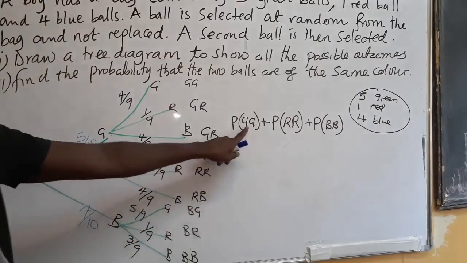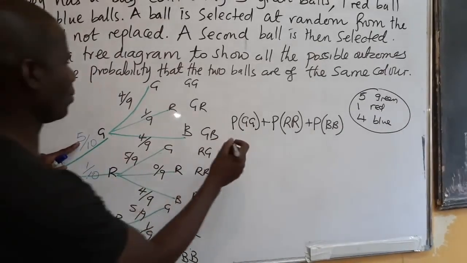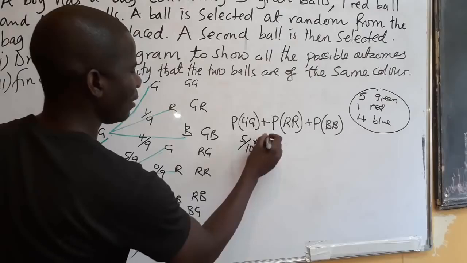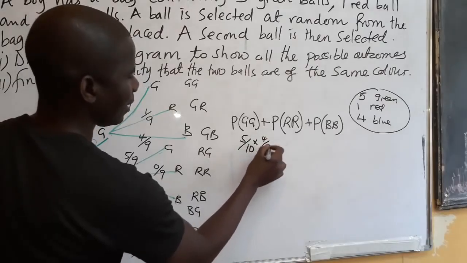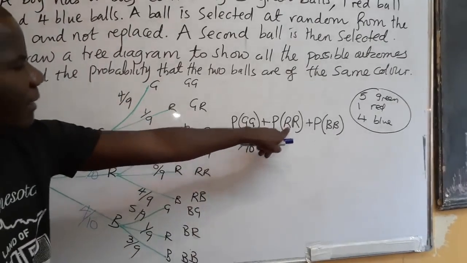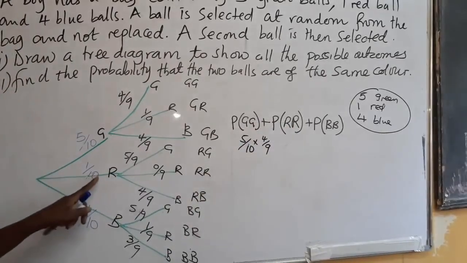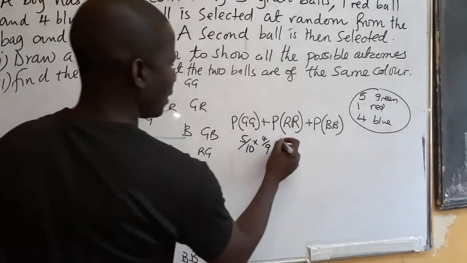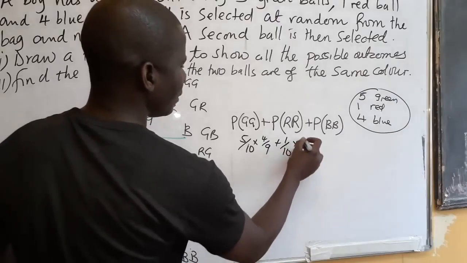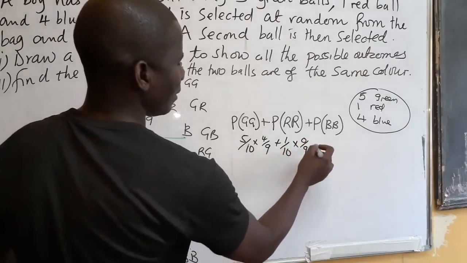The probability of having green and green is what? This one here, which is 5 over 10 multiplied by 4 over 9. This one and this one. Then red. If you like, we can say it's plus 1 over 10 multiplied by 0 over 9.